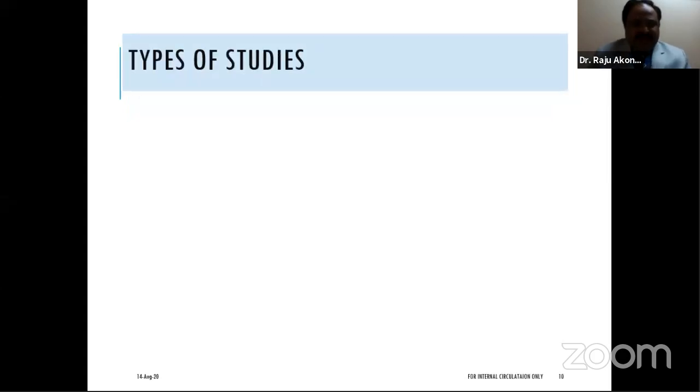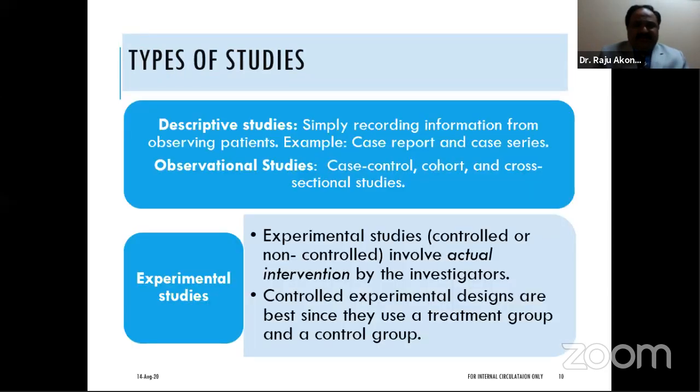Now, the first one, types of studies. The study design many times is either a descriptive study, an observational study, or an experimental study. These are basically 3 classes or categories of studies we have. Now, the descriptive study is simply recording information from observing the patients.